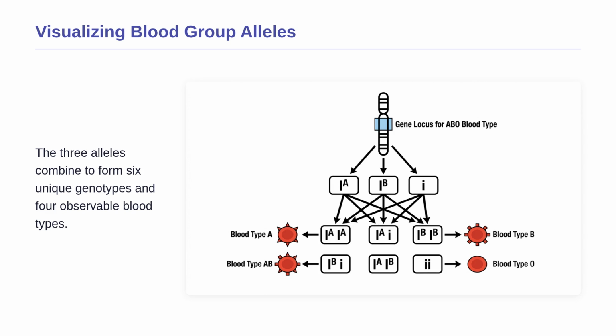Below, you can see how these 3 alleles pair up to create the 6 unique genotypes we just calculated. Notice how the genotypes IAIA and IAi both result in blood type A, while the combination of IA and IB creates blood type AB. This perfectly illustrates how 3 alleles generate 6 genetic combinations, which then produce the 4 physical blood types we observe in humans.